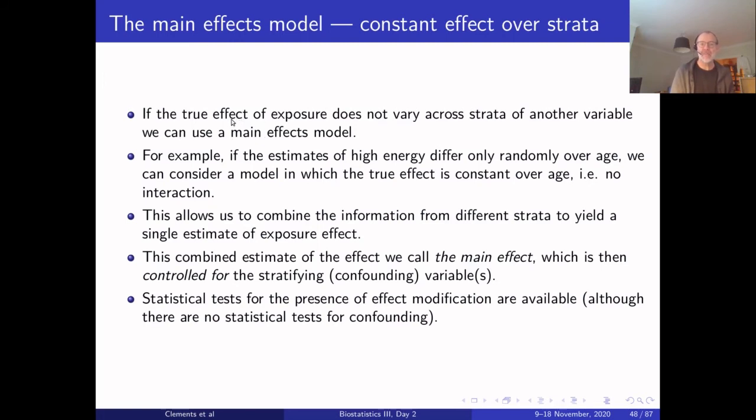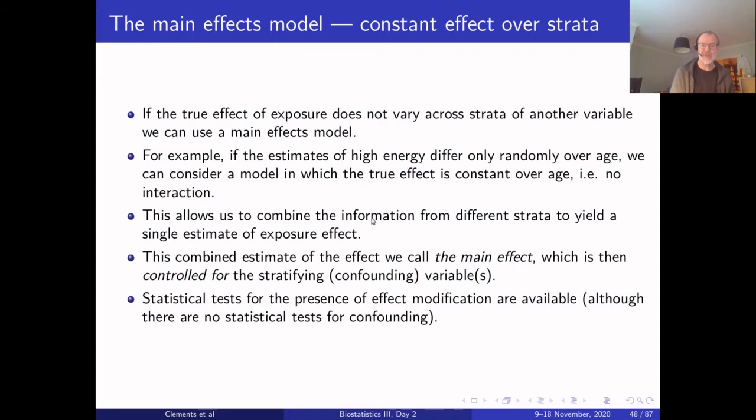If the true effect of exposure does not vary across strata of another variable, then we can use a main effects model. As an example, if the high energy effect differs only randomly over age, we can consider a model in which the true effect is constant over age. That would be equivalent to saying there is no interaction.